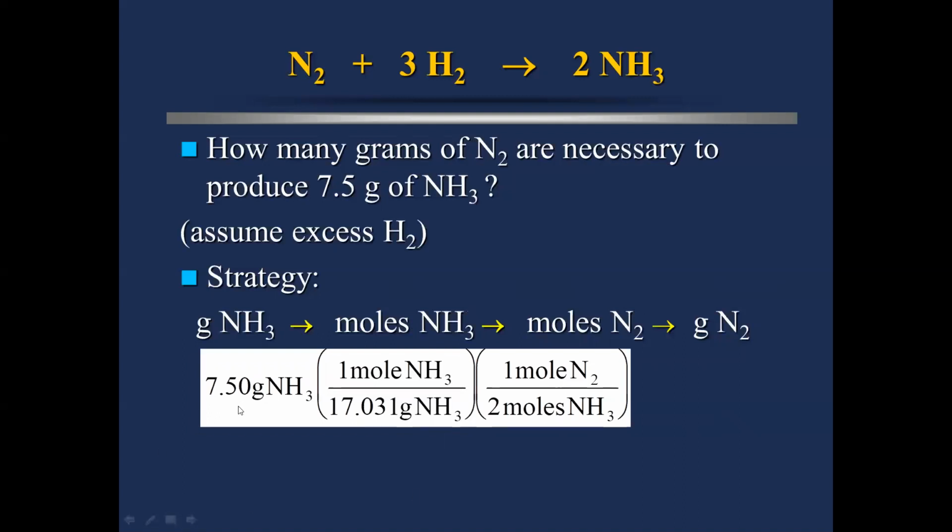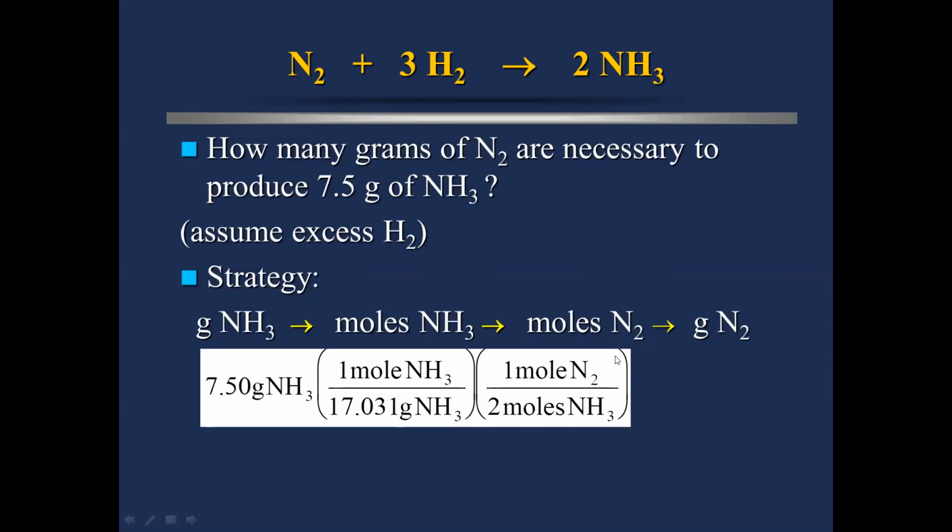Let's start from the grams of the product and, like I said, calculate how many moles of the product, and then the mole-to-mole correlation can be found from this equation. 1 mole of nitrogen reacts to produce 2 moles of ammonia.